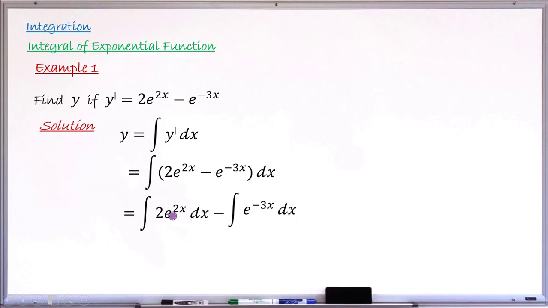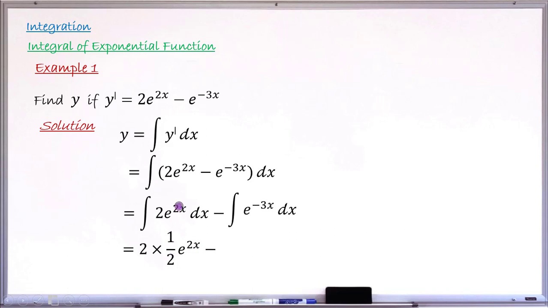Now find the integral of each of these. Remember the rule: if you have e raised to the power of 2x, for example, the integral is 1 over this 2, times the exponential function, plus the constant. The integral of the first term is this 2, which I just copied, times 1 over 2 e raised to 2x. Why this 1 over 2?